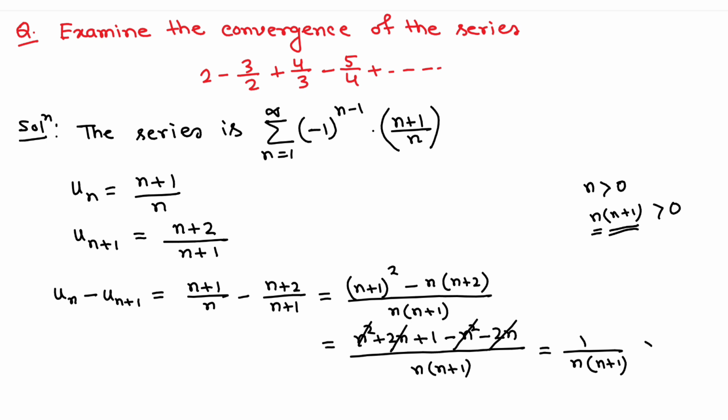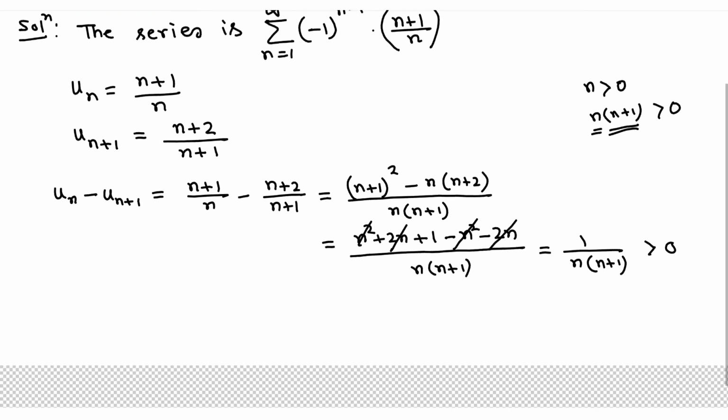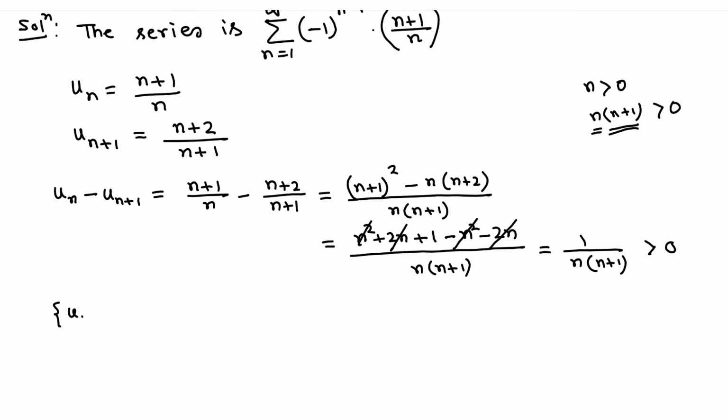So this result is obviously greater than 0. Clear? So we can say that the sequence un is monotone decreasing. Clear? The first condition is satisfied.